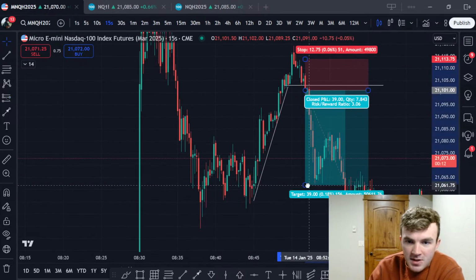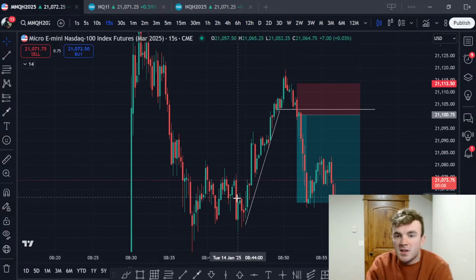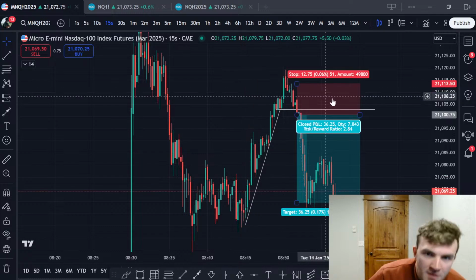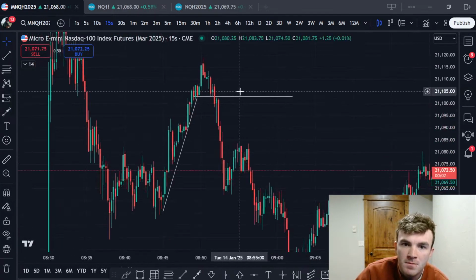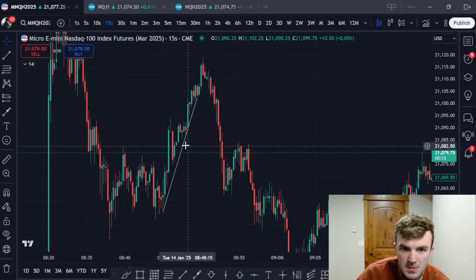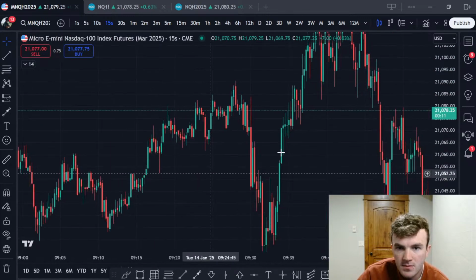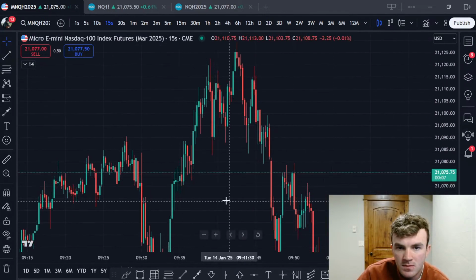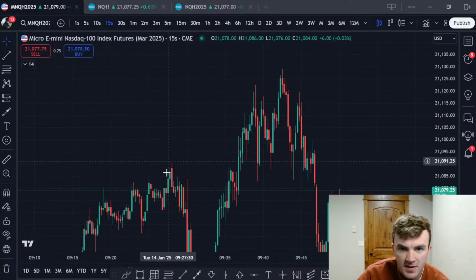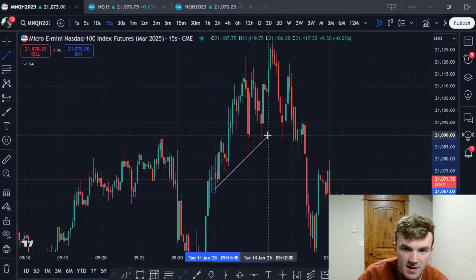I'm considering maybe even starting to trade it because genuinely you can get good RR on the 15-second. For instance, I know that there's a lot of liquidity right here, right?